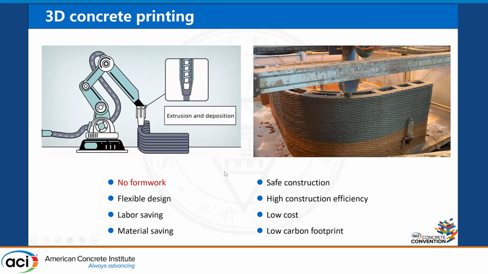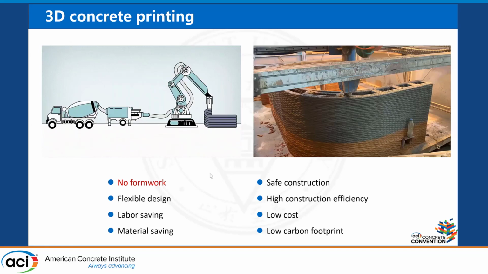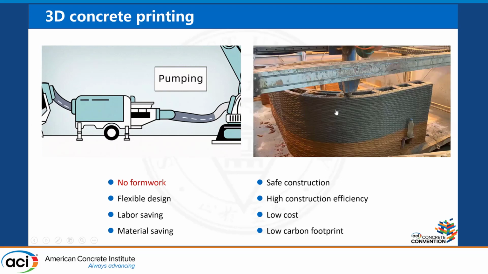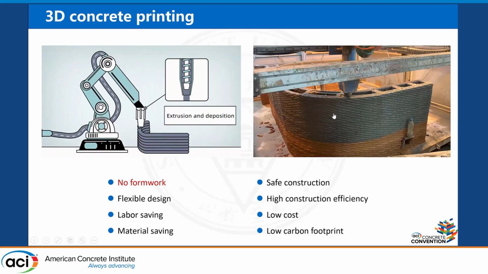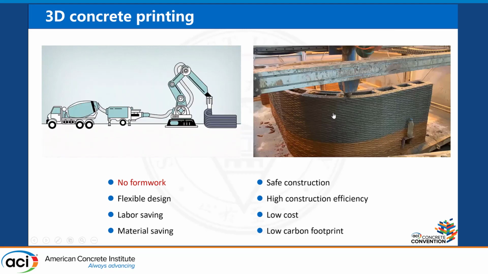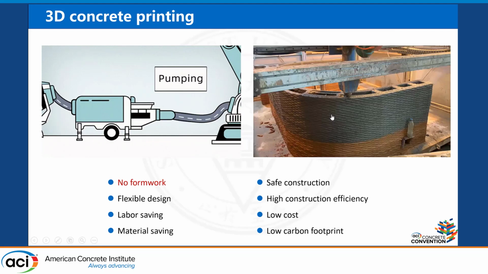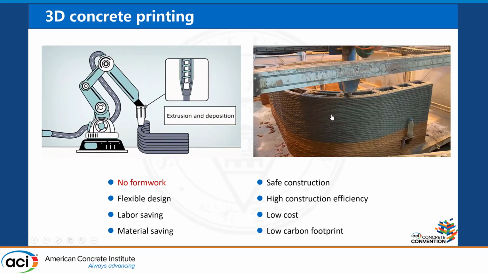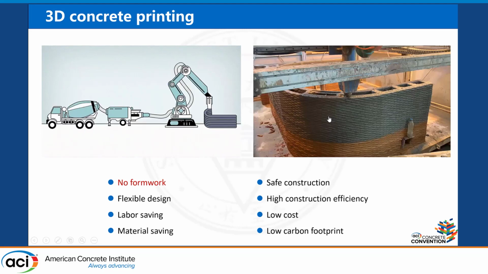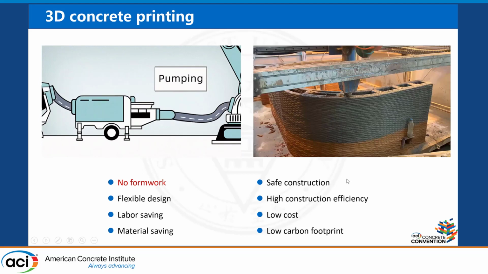That means right after printed, the concrete is directly exposed to the environment. There is no protection from the formwork as in traditional concrete. So this will cause other problems, like very early shrinkage on the surface due to the evaporation from the surface.